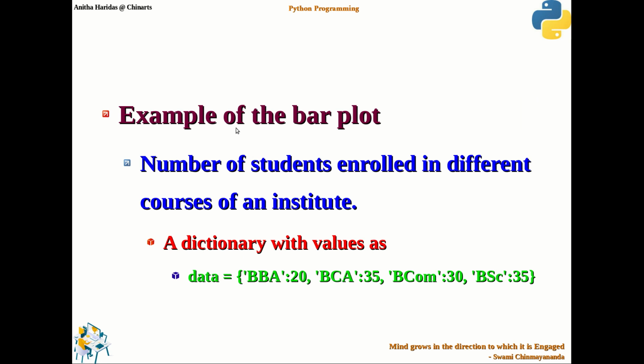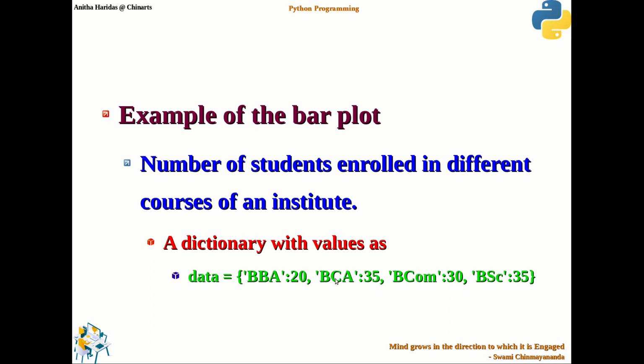We are going to draw a bar chart, or bar plot, for how many students have enrolled in different courses or different programs of an institute, right? So I am going to draw a bar plot for this particular data. So this is a dictionary, right? I hope you can recollect the different data structures of Python. This is a dictionary data structure. I have the data, these are the key values, right?